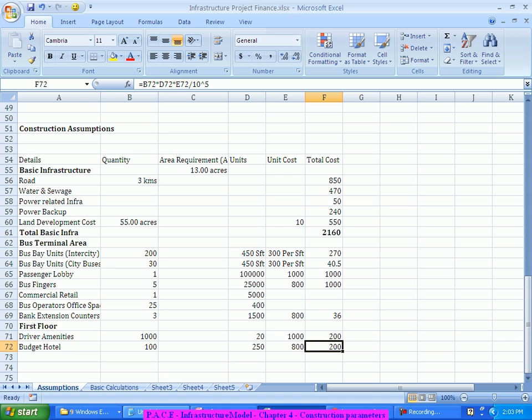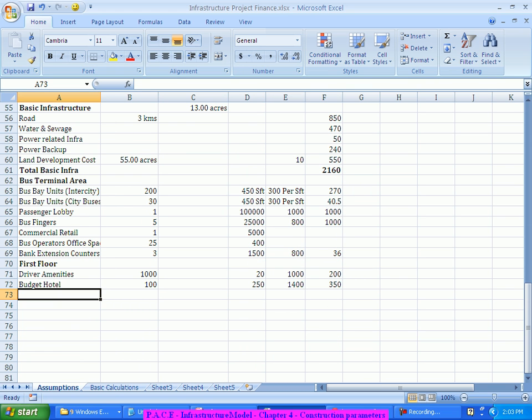Right? You are building a budget hotel with 100 beds. Oh, you are developing it at 1400 per SFT. Probably because it's a hotel, some extra features and all into that, which is costing you slightly more in terms of your construction cost.